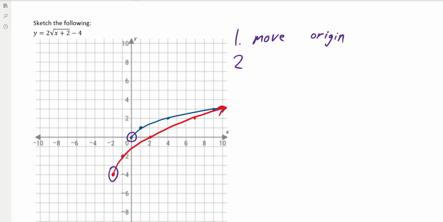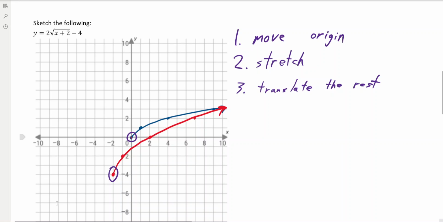Then step 2, stretch. And then after that, translate the rest. Okay, that's how I think about it.